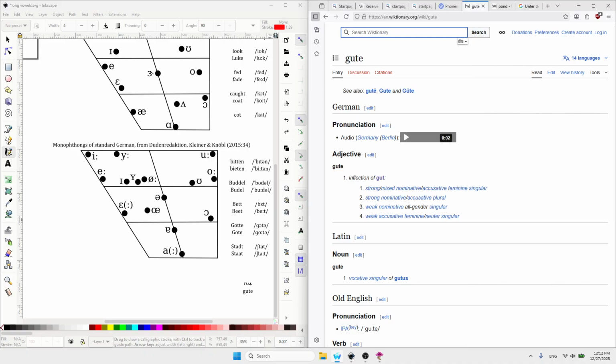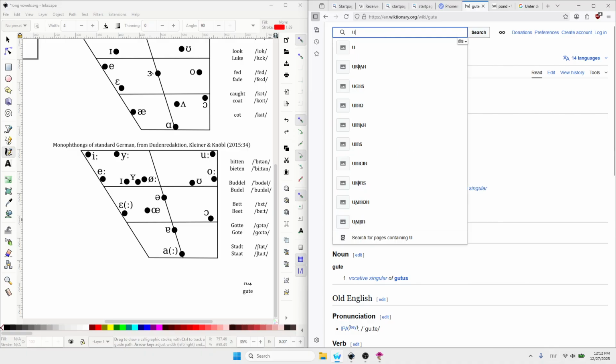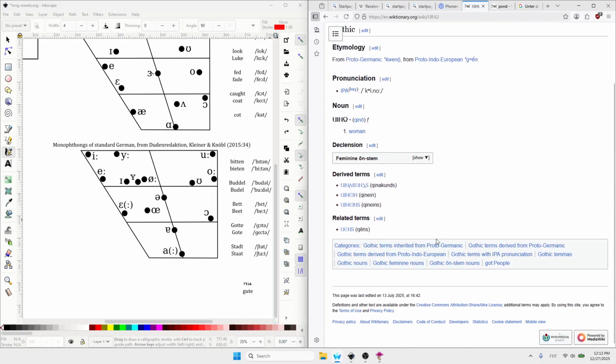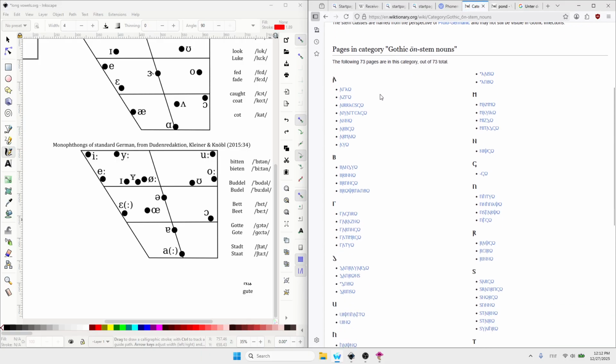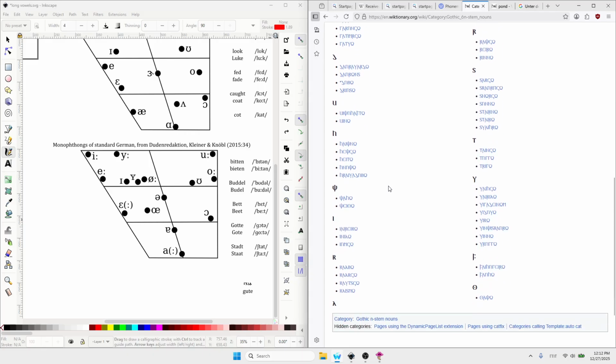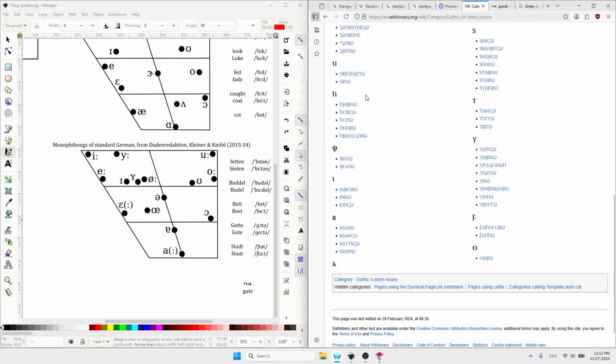What's another good example? I'll try to find a word that exists in Gothic and German.